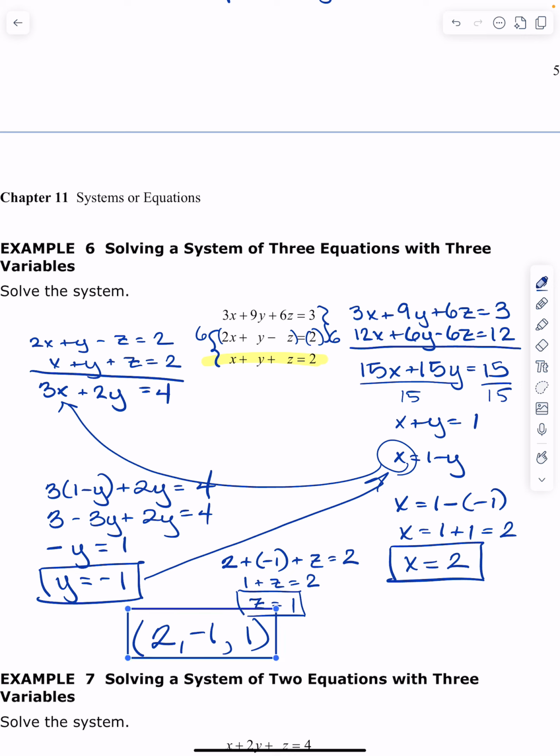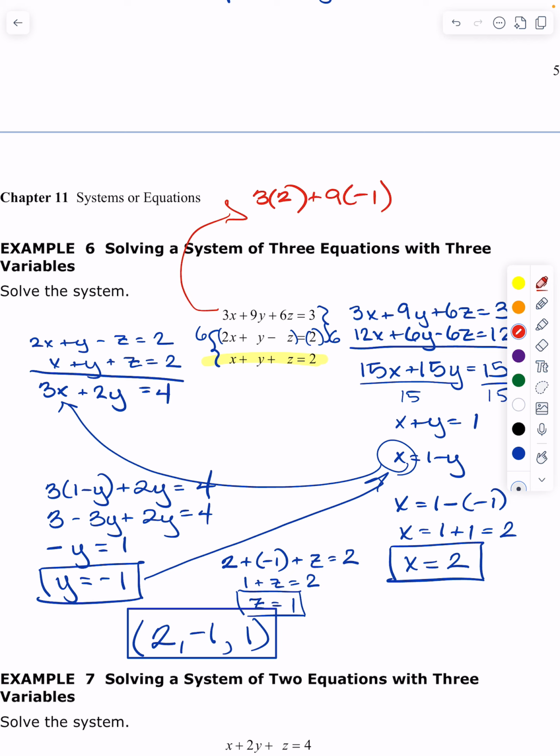And then we can always plug it in to another equation just to be sure. So let's go ahead and plug it into the top one. I got 3 times 2 plus 9 times negative 1 plus 6 times 1, and that is supposed to equal 3.